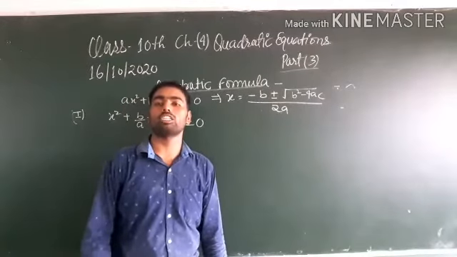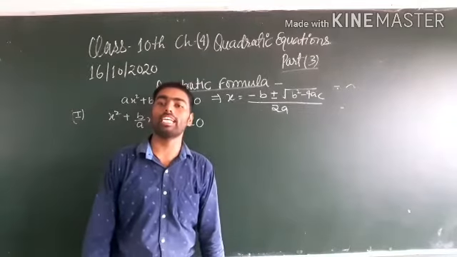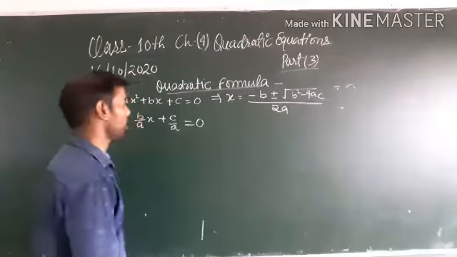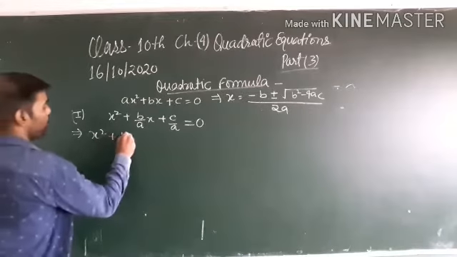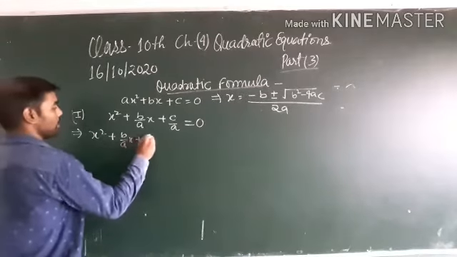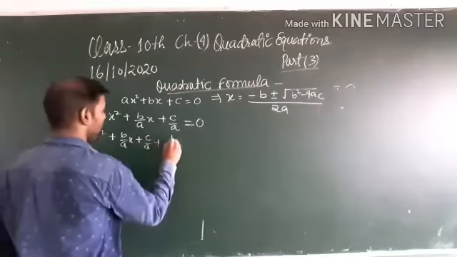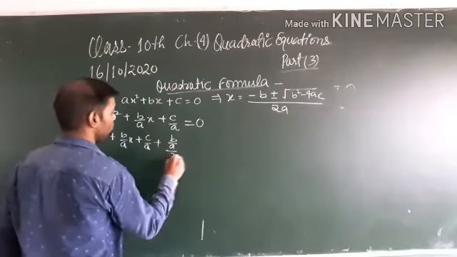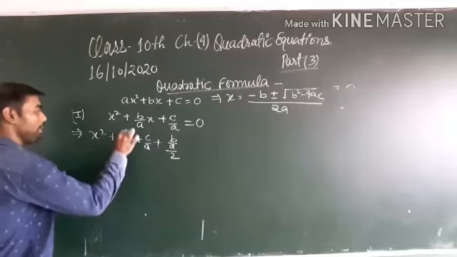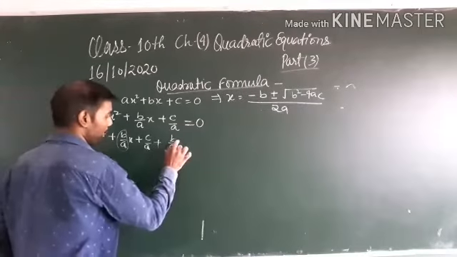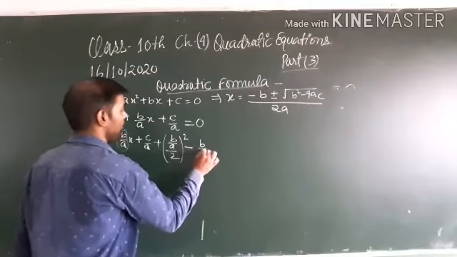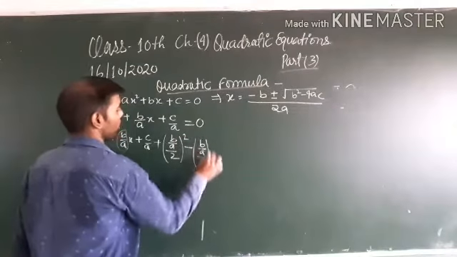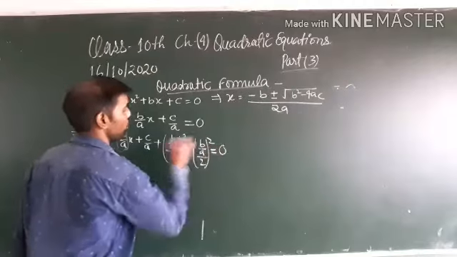The next step is plus or minus, which means add and subtract the square of half the coefficient of x. So x square plus b by a x plus c by a plus b by a by 2 to the whole square minus b by a by 2 whole square is equal to 0.